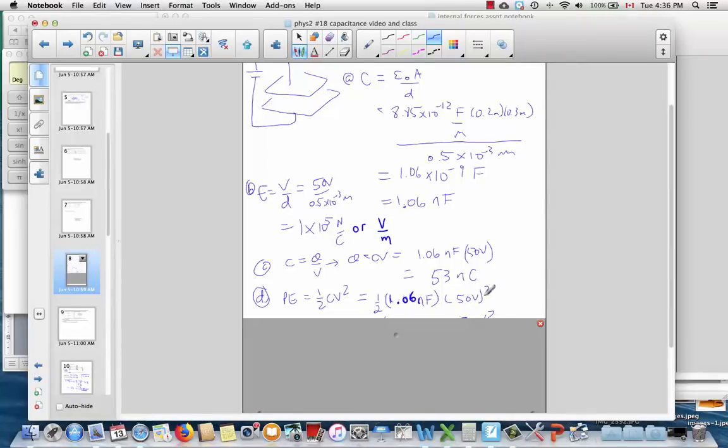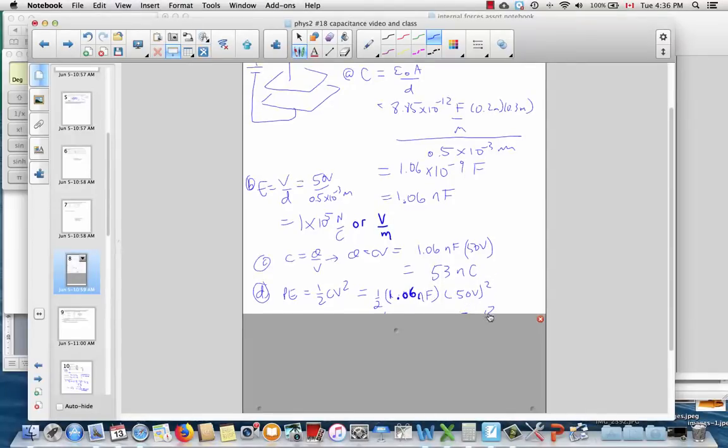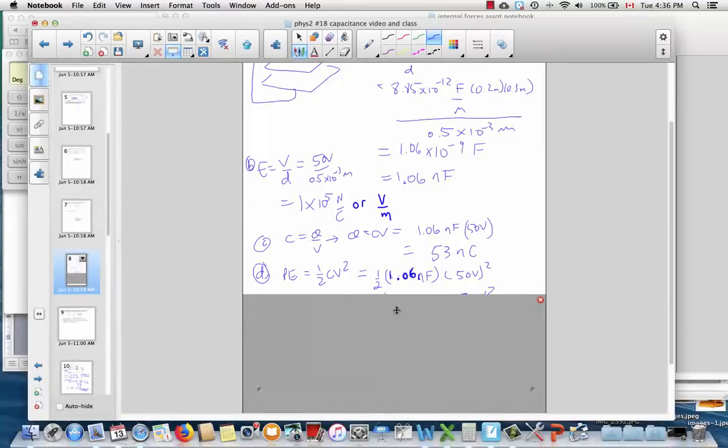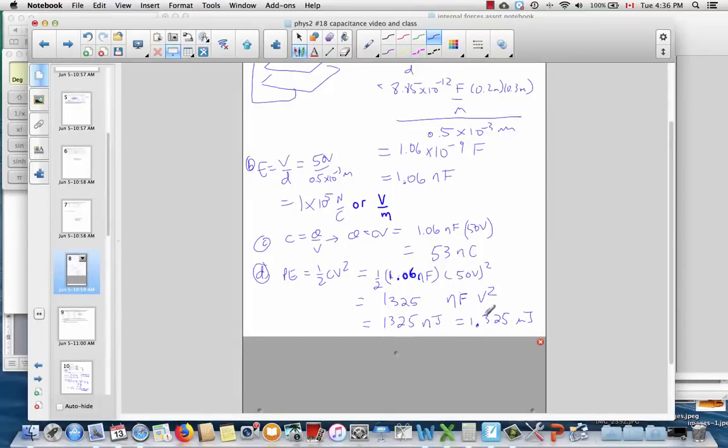And then we have a nanofarad times a volt squared, and that is a nanojoule. And so we have 1325 nanojoules, or 1.325 microjoules. If we slide the decimal over 3, then we go from a nano to a micro.